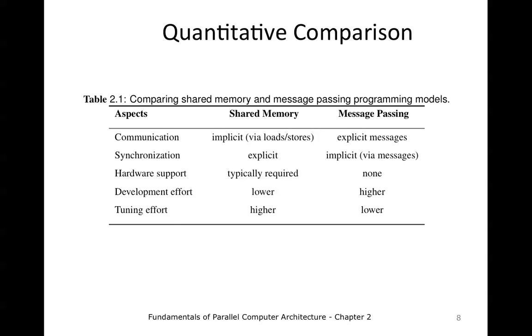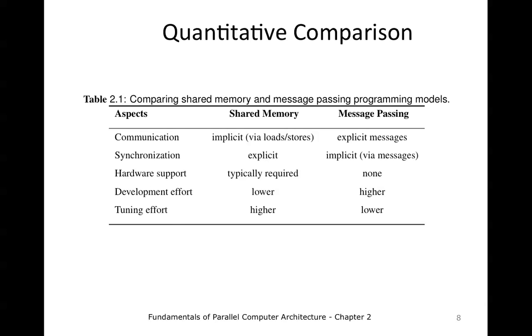Let's compare them from a high level. The communication is implicit in shared memory because we use loads and stores. In message passing, it's explicit. You have to use message send and receive.